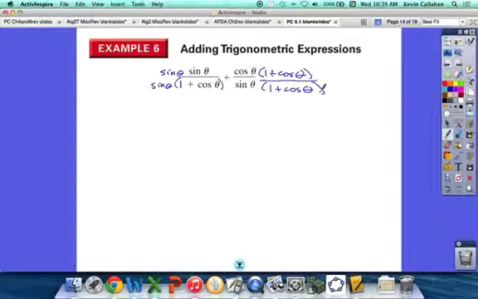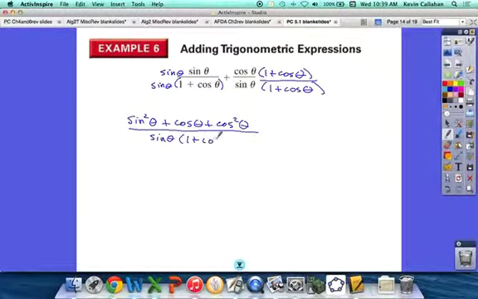So now they have the same denominator. Add the numerators. Right, this will be sine squared plus cosine theta plus cosine squared theta divided by sine theta times 1 plus cosine theta.